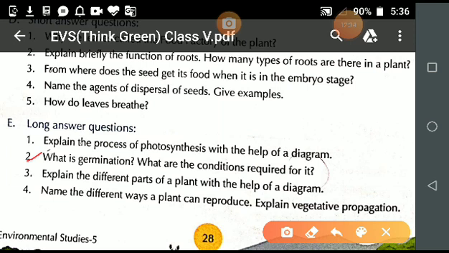Question 2: What is germination? The process by which a seed grows into a baby plant is called germination.